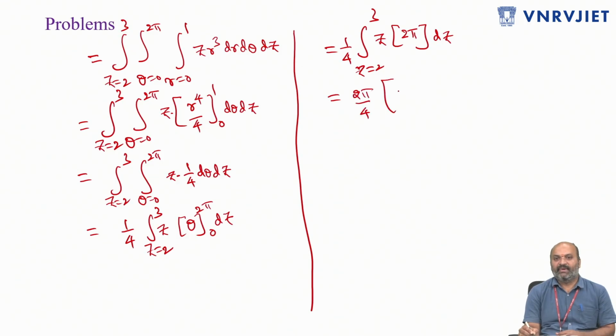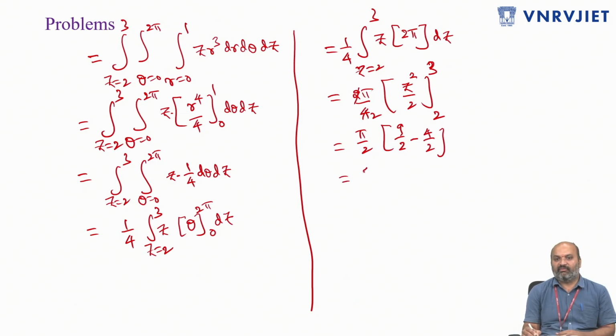Now it becomes the integral of z into dz. The integral of z dz is z square by 2, upper limit is 3 and lower limit is 2. Therefore it is pi by 2, into 3 square, it is 9 by 2, minus instead of z, 2 square, it is 4 by 2.